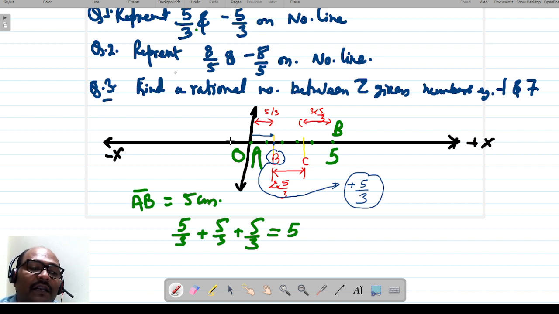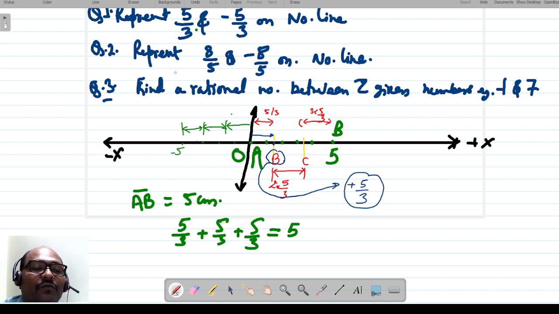Similarly, we do the same thing for the negative side. For the negative side, we will take 5: 1, 2, 3, 4 and 5. This is minus 5, right? And similarly we'll divide it into 3 equal parts: 1, 2, and 3.